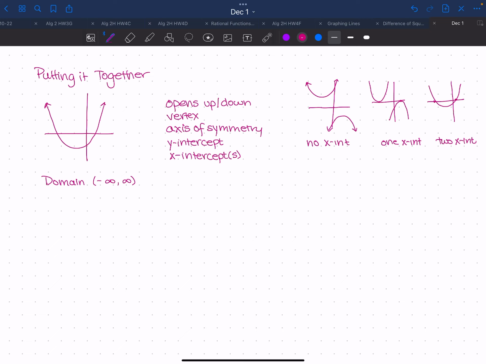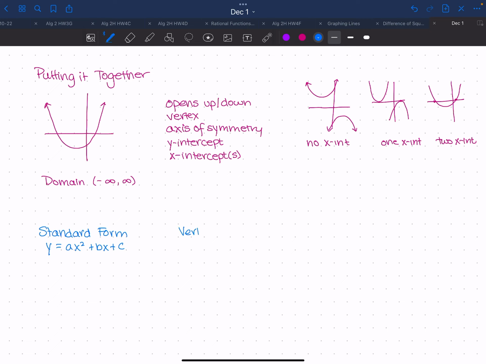So we have different forms for parabolas. There is a form called the standard form. That's what we were focusing on before when we were graphing: y equals ax squared plus bx plus c.